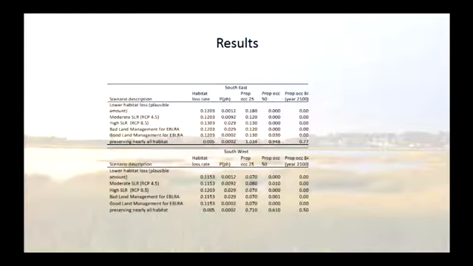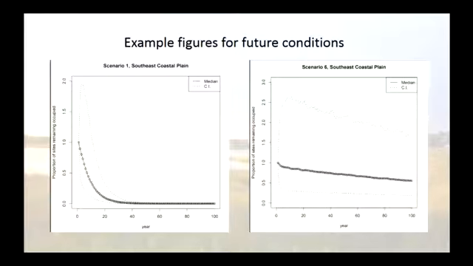So we ran this for each of our analysis units. We produced some of these figures that, again, look a little bit like the Sonoran tortoise figures, but they show the median number of sites remaining occupied and then a confidence interval around those. And so I did want to point out we had one scenario that was really like a conservation-intensive scenario.